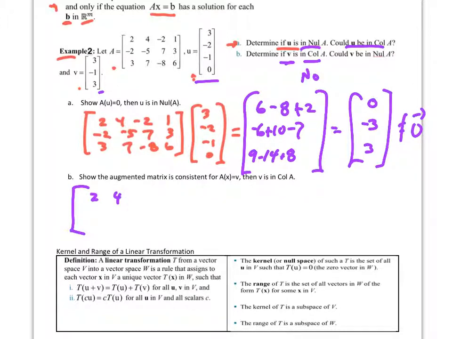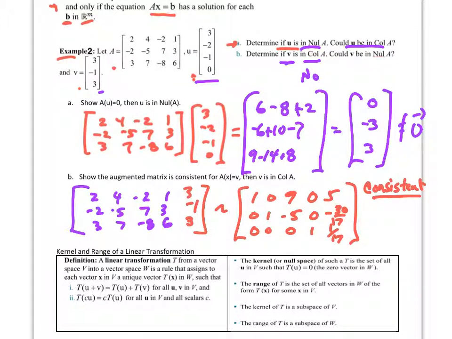So I can go 2, 4, negative 2, 1, negative 2, negative 5, 7, 3, 3, 7, negative 8, 6. Then I can go 3, negative 1, 3. There's my augmented matrix. Reduce that and see if you get values.